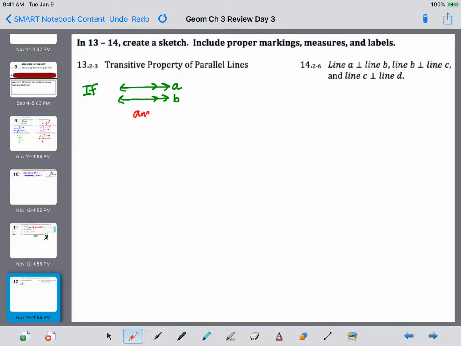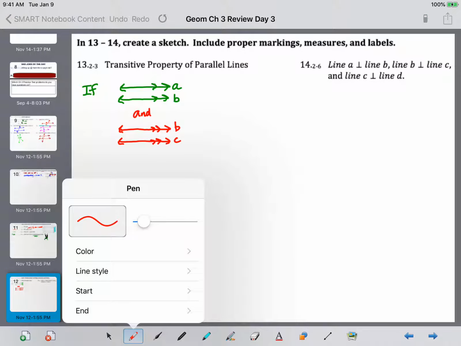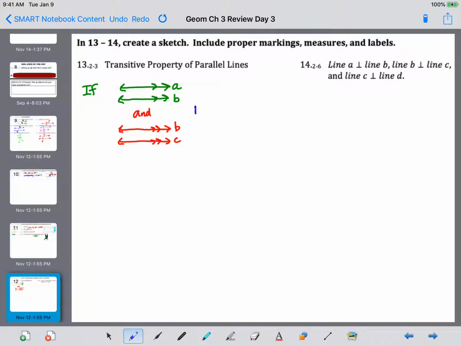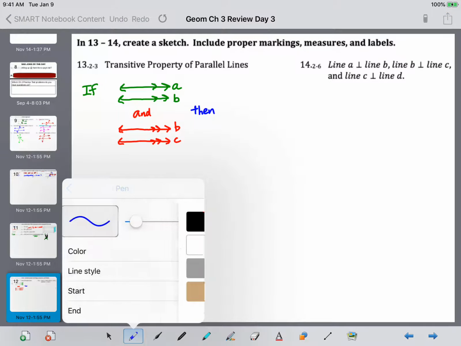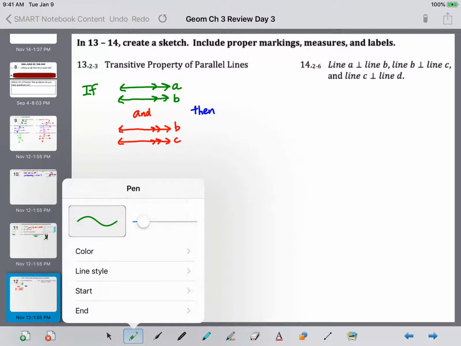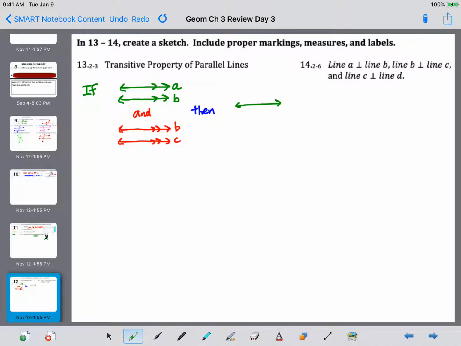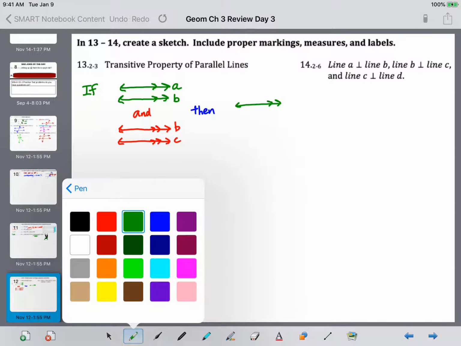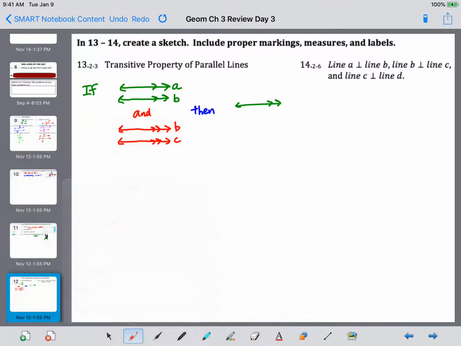and line B is parallel to line C. So this is line B is now also parallel to line C. Then what we can conclude is we can cut out the middleman, which in this case is line B. We can say, actually I'm going to use green here, line A is actually going to be parallel to line C. So B is the middleman here.